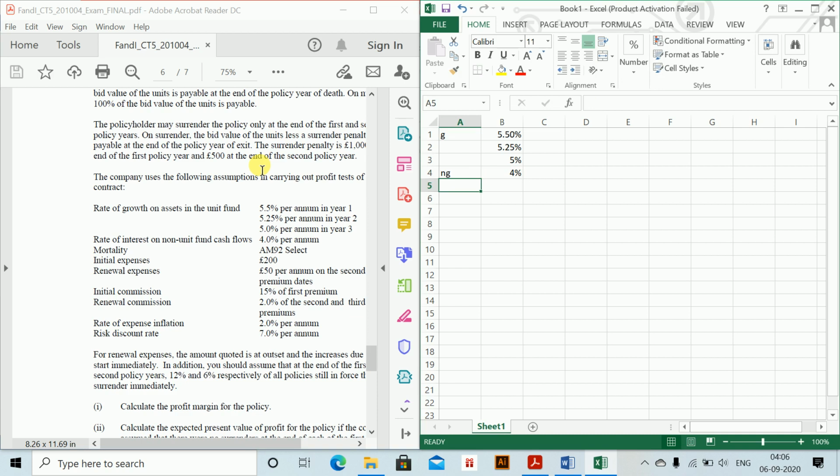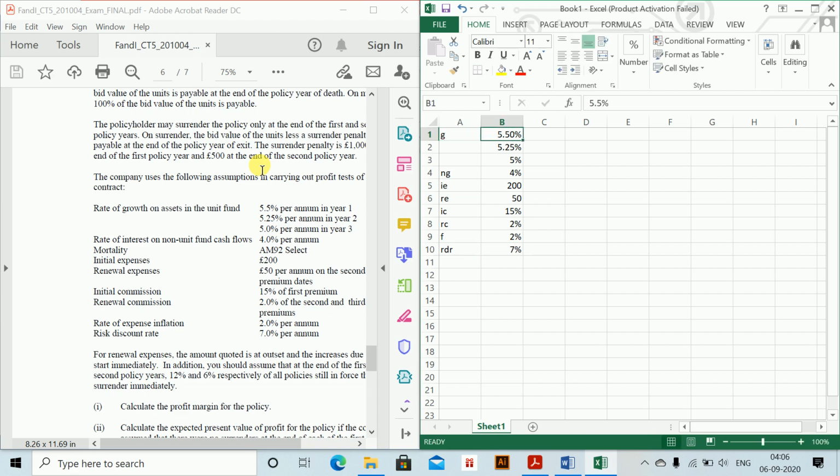Mortality AM92 select. Initial expense 200, renewal expense 50 per annum. Okay, and initial commission is 15%, renewal commission is 2%. Rate of expense inflation is equal to 2%, and risk discount rate RDR is equal to 7%.